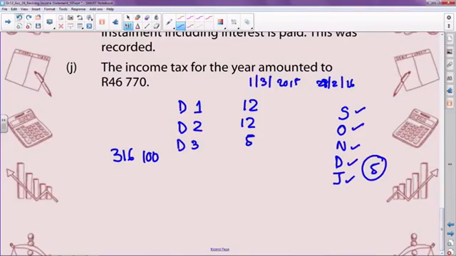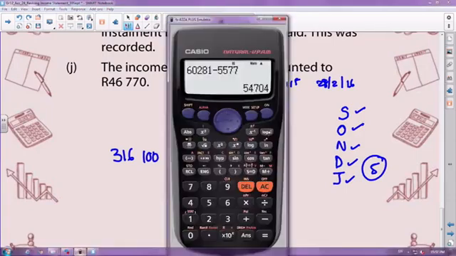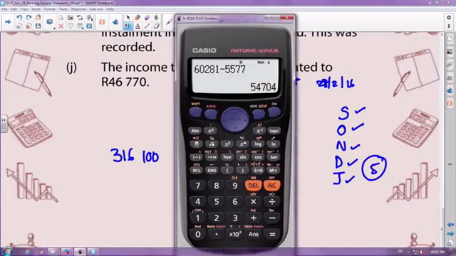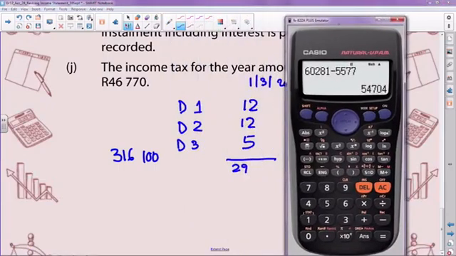Okay? Clear? What do we do now? Add. 12 plus 12 is 24 plus 5 is 29. Watch what I'm going to do. Take my calculator and take the figure of 316,100 divided by 29.